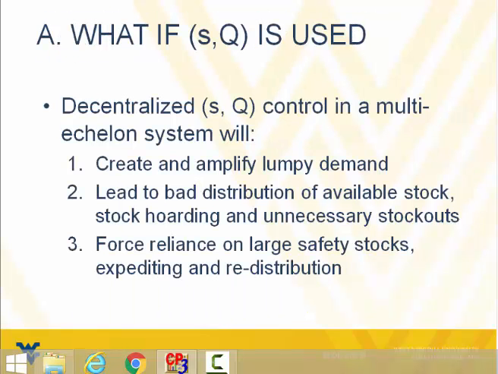The problem with using an sQ system, or a continuous review system, for a multi-echelon network is you're ordering in fixed order quantities. And if you allow each echelon and each facility at each echelon to manage their queue independently of the entire system, then you are going to have a lot of noise in the system, and you're going to have amplification of demand in the system.